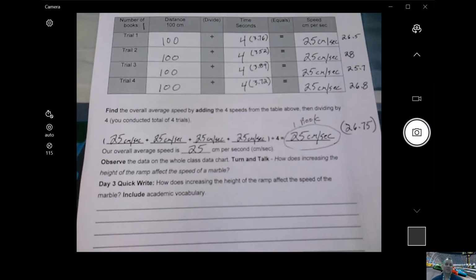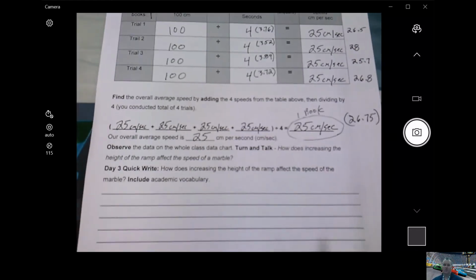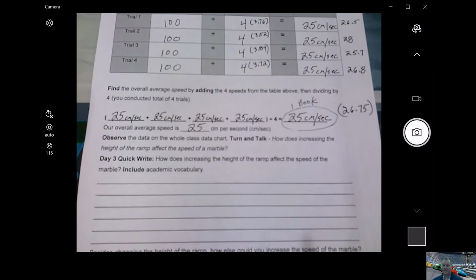So things like that, or they were using a different ruler or a different size marble, or they were rolling it on a different surface. All those pieces can affect your data and the validity of your data.